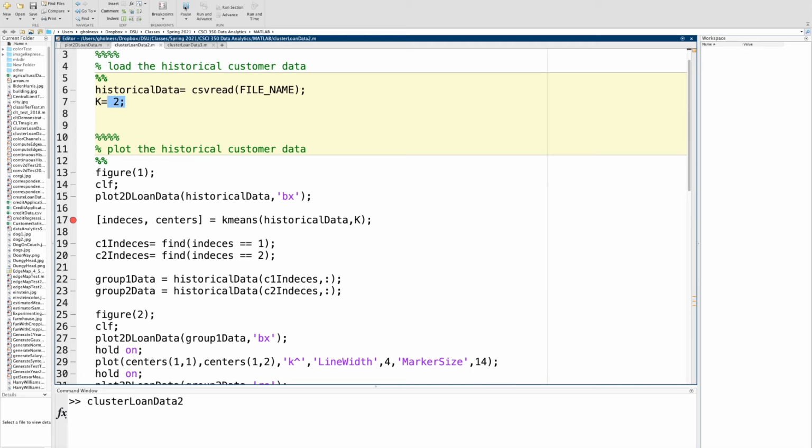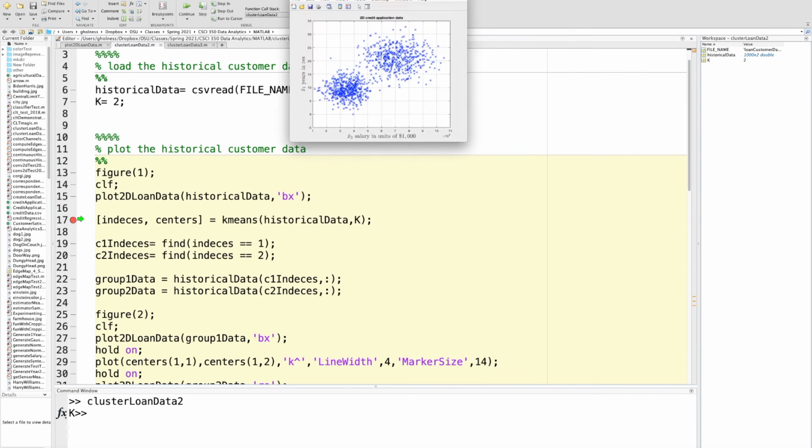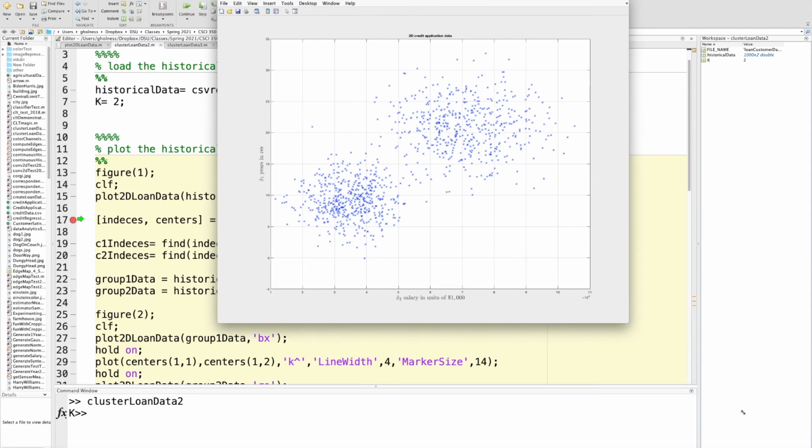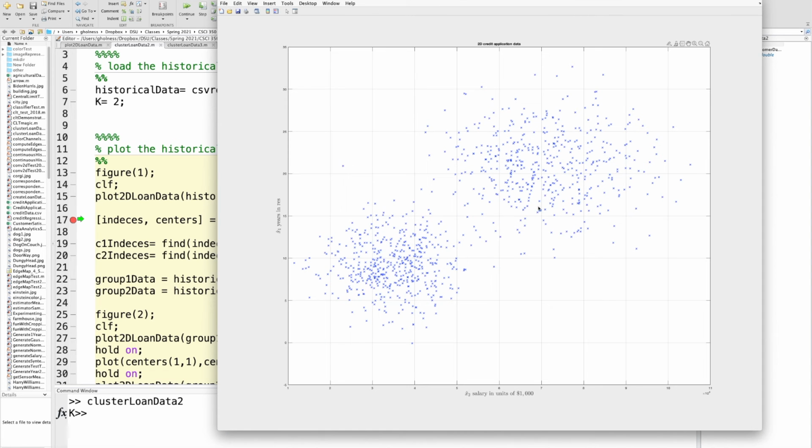Let me run that, and it's 1,000 examples. Let me make that a little bit bigger. Along the horizontal axis, we have salary in units of 1,000, and on the vertical axis, we have years in residence.